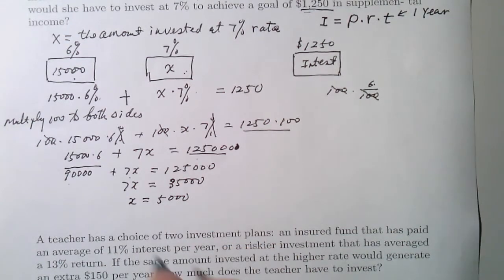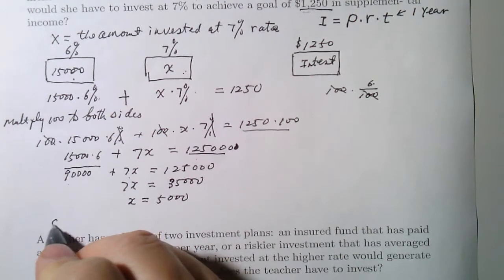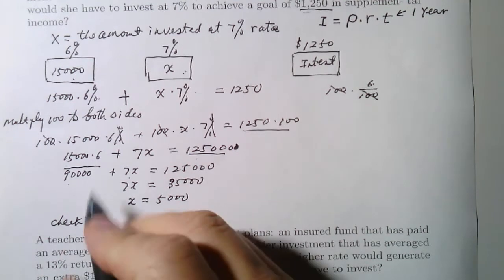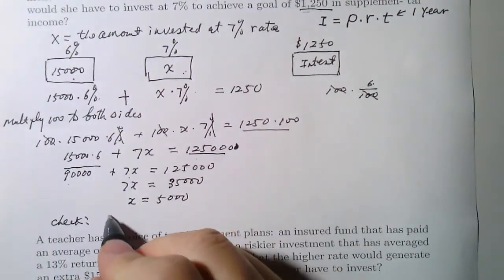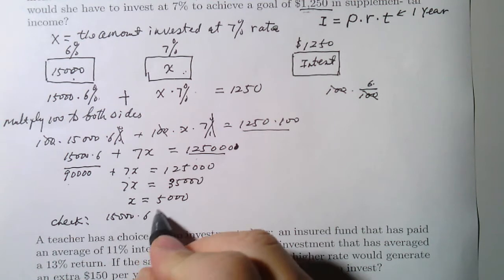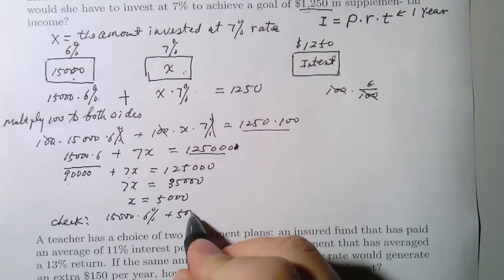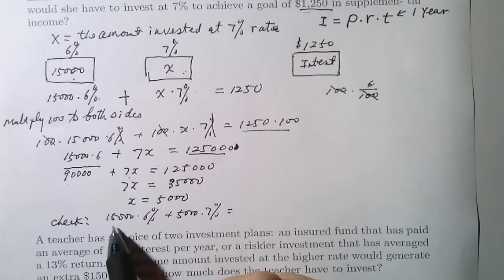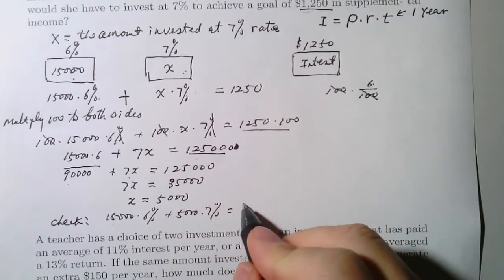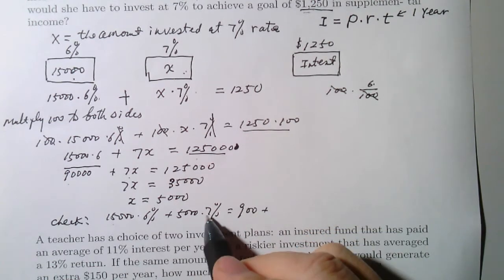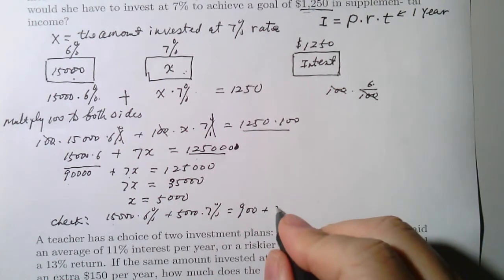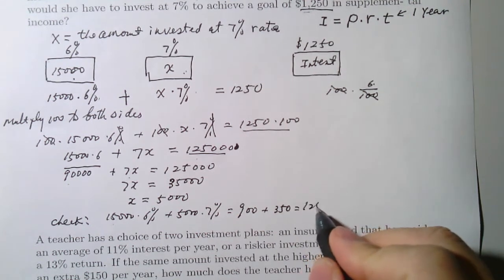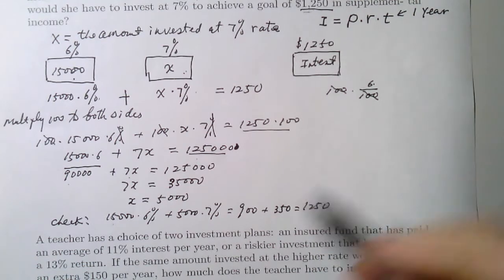Before we say this is the answer, we have to check. So here we have 15,000 times 6% plus 5,000 times 7%. 15,000 times 6% is $900. 5,000 times 7% is $350. Add together, that equals $1,250, which equals this here.